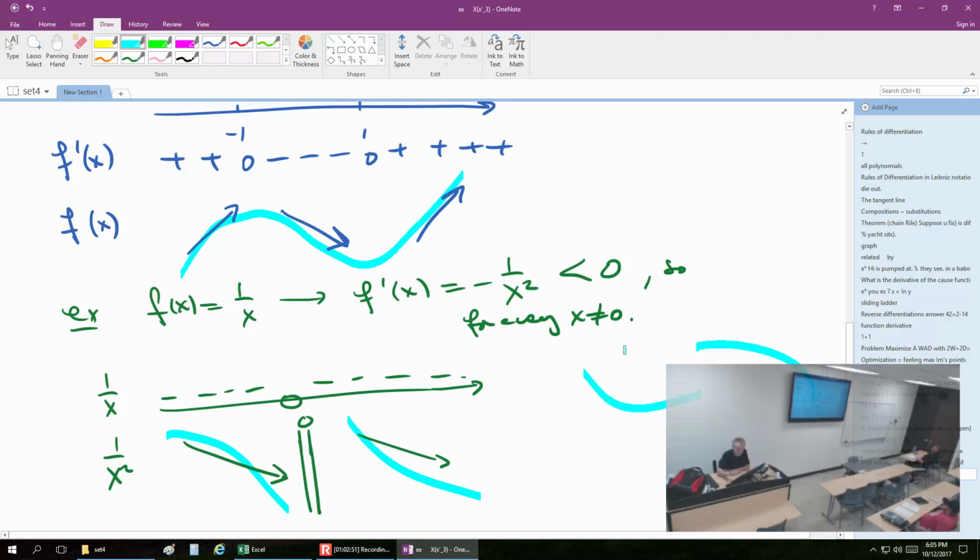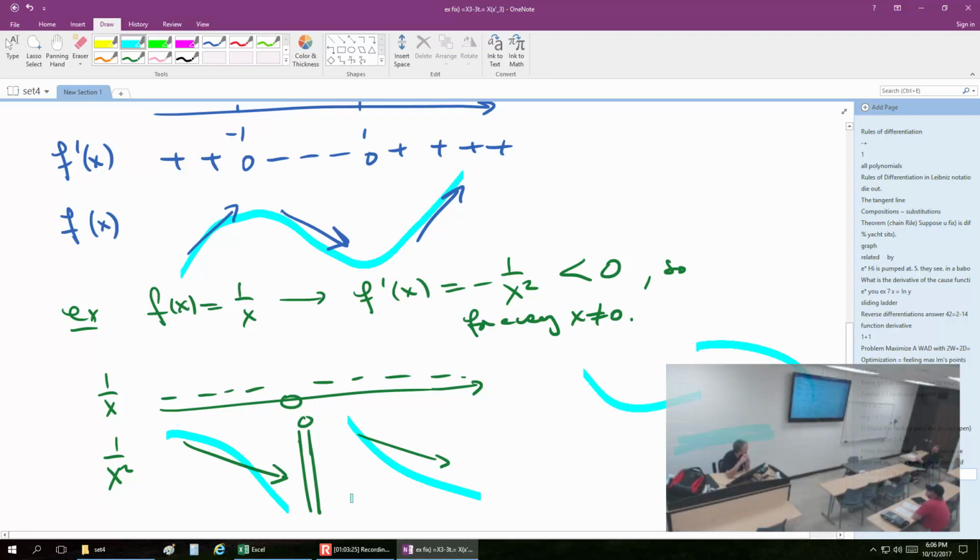Okay, so the difference between these two is the next topic. It appears to be decreasing on both of the intervals, but in a different manner, right? If you look at these two, do you see how different what's happening on the left is from what's happening to the right? They are kind of mirror images of each other.